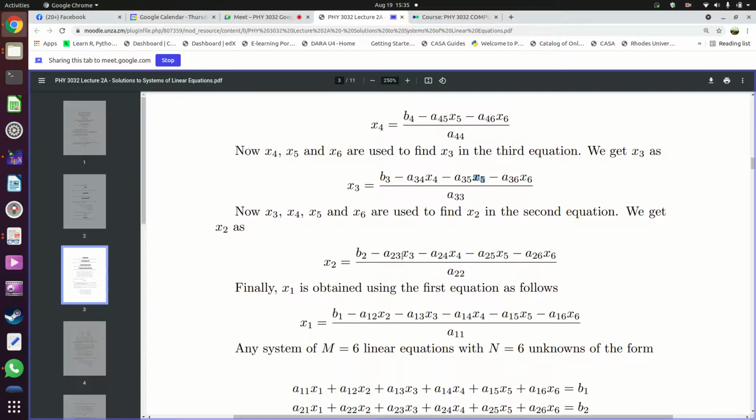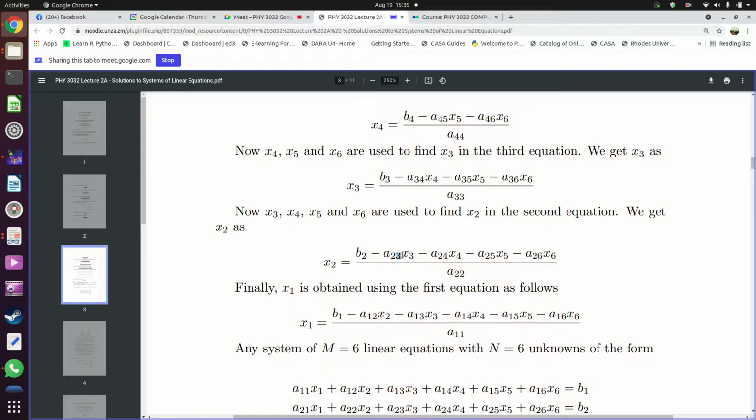Yes, sir. The same thing is happening here. b2. So it will start with b2 here. Then at the bottom here, you've got a22, but minus the next term, which will have a. The row is going to be the same as this b, so you're going to have a 2. But then the column will increase by 1.